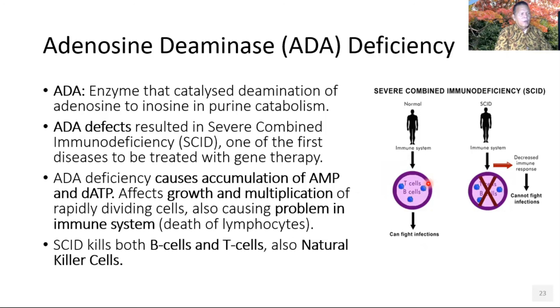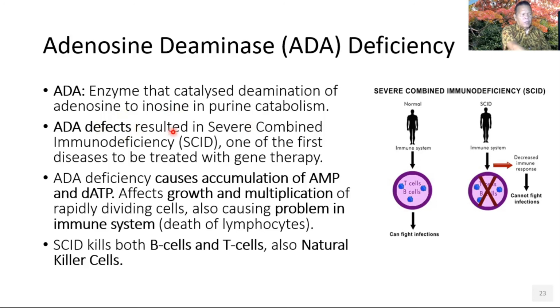This is an enzyme that catalyzes deamination of adenosine to inosine in purine catabolism. A defect results in severe combined immunodeficiency, or SCID, one of the first diseases to be treated with gene therapy.